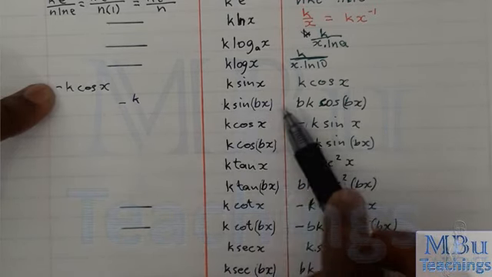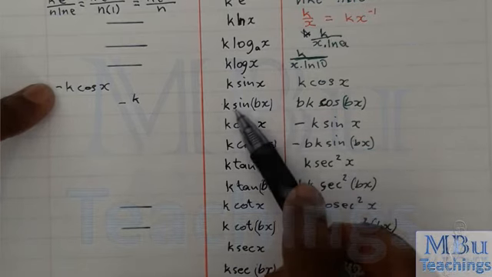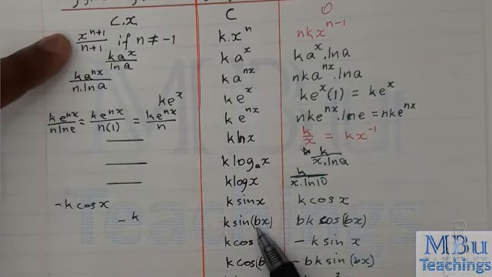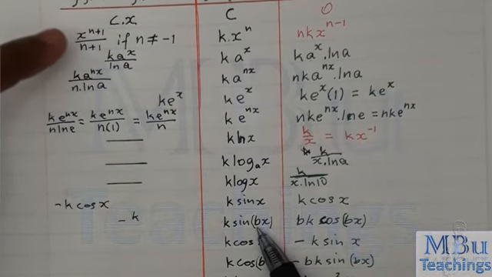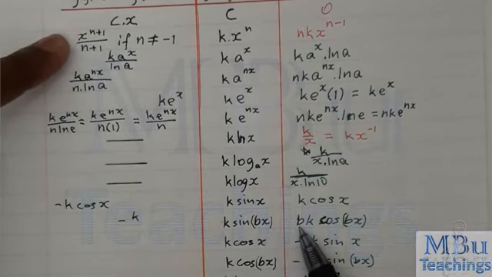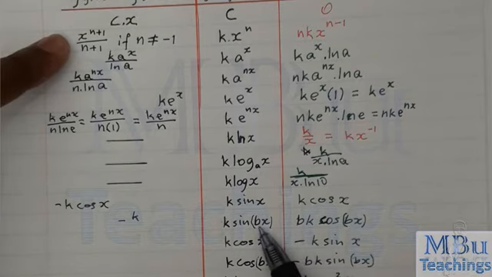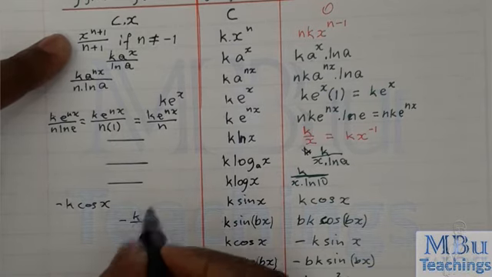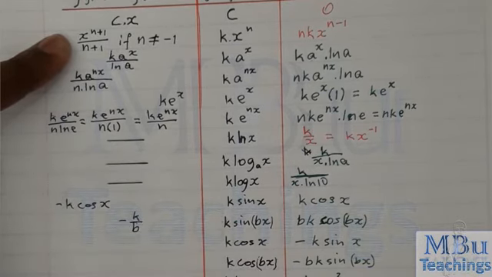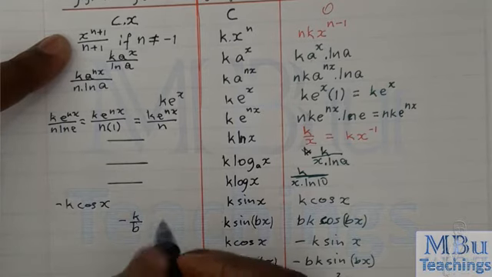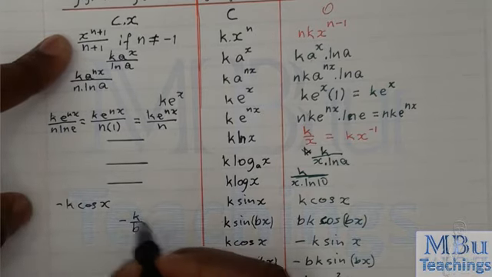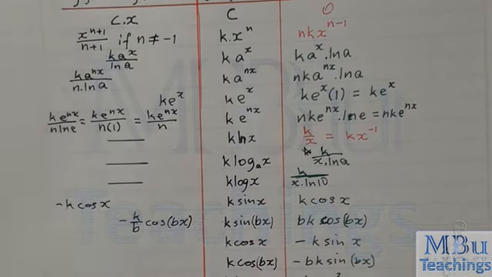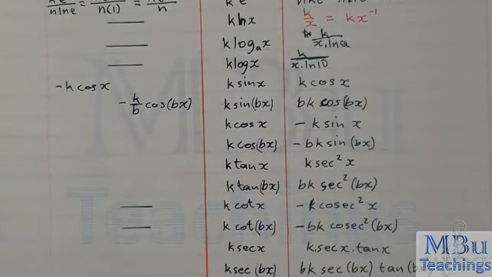We have grasped this concept from that. Now we are integrating, we will divide, because we are using it as a reverse operation of derivative. So we're dividing by b, then we'll have our cos bx. So this is what we will have.